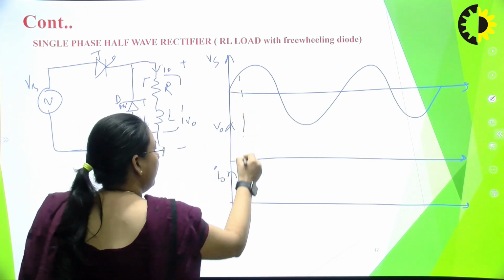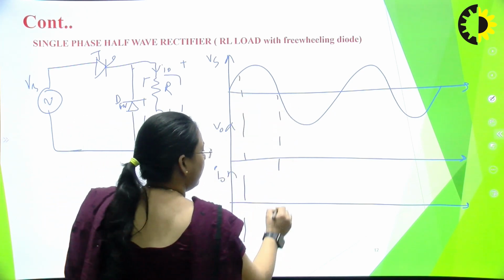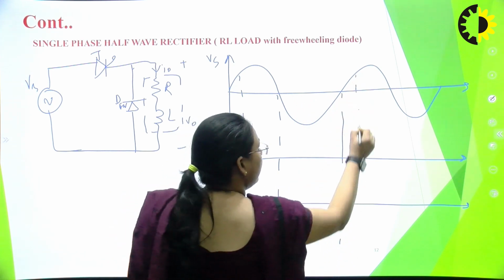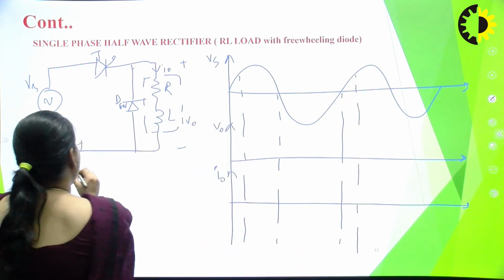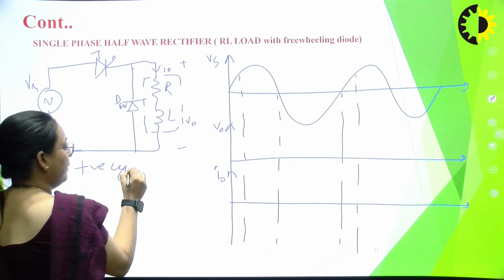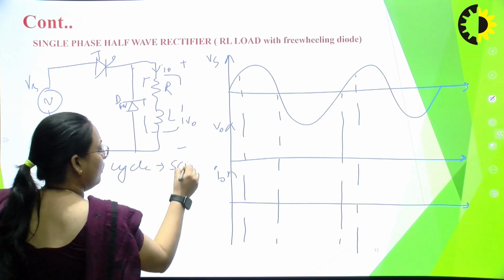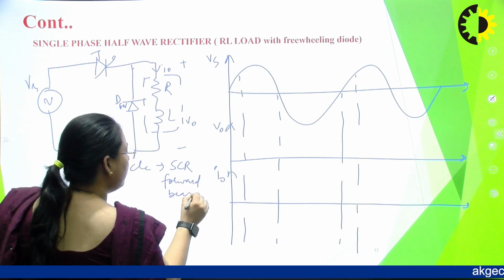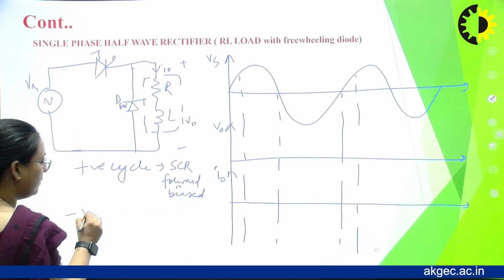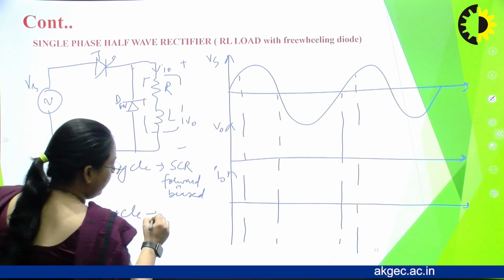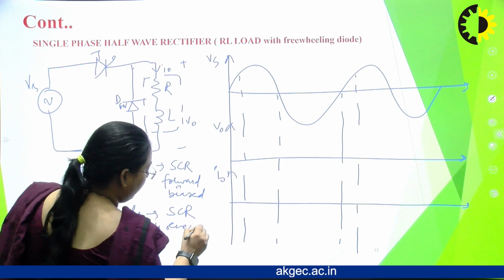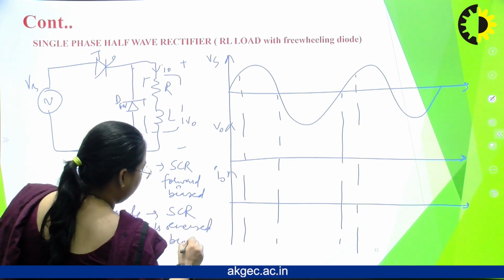During the positive half cycle of the supply, the thyristor is always forward biased, and during the negative half cycle of the supply, the thyristor is reverse biased in case of a half wave converter.